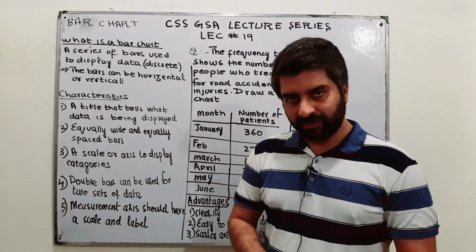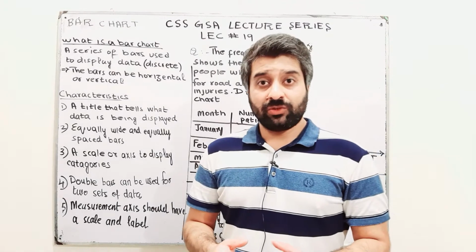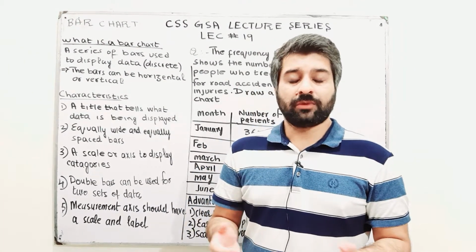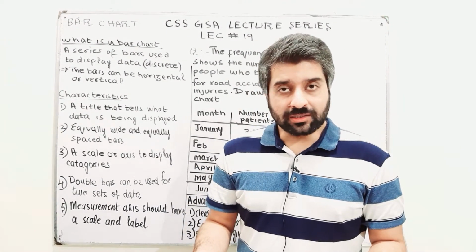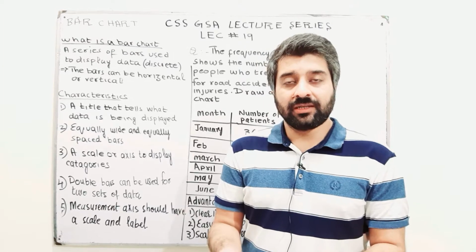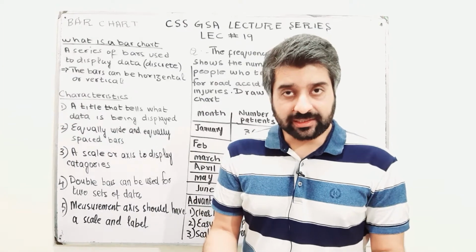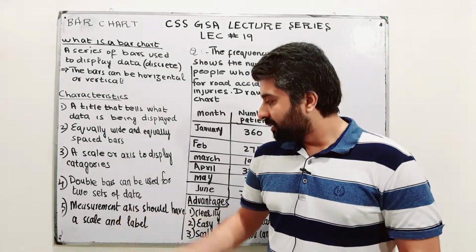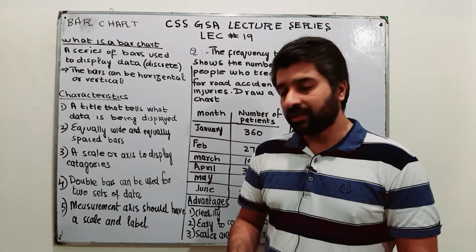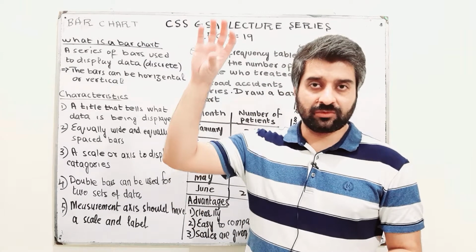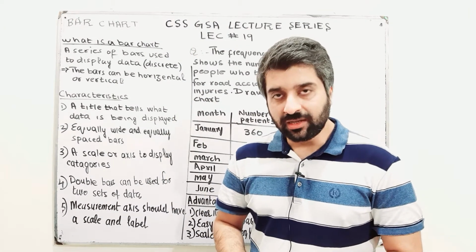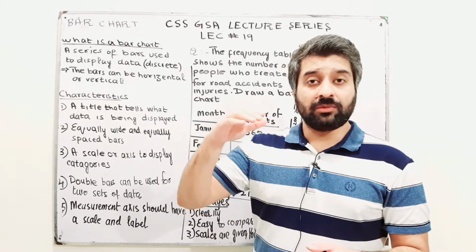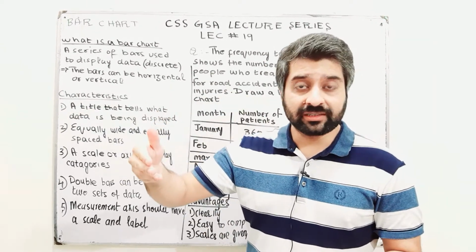Double bars can be used. Yes, there may be two sets of data. We can use two bars to represent two data sets on a single bar graph. That is possible. The measurement axis, that is the y-axis, should have a scale showing how you are representing the data.